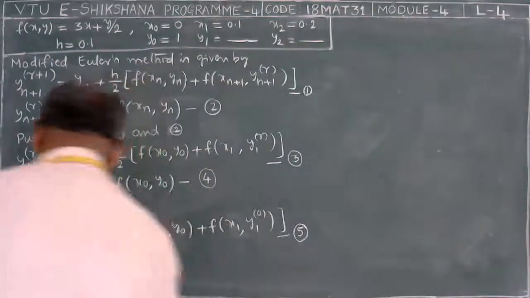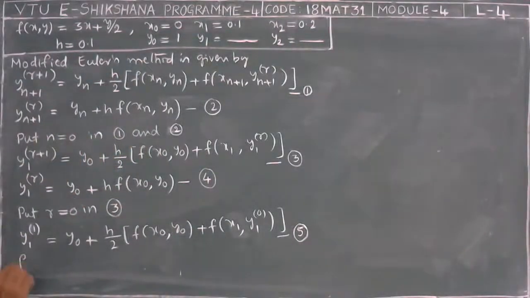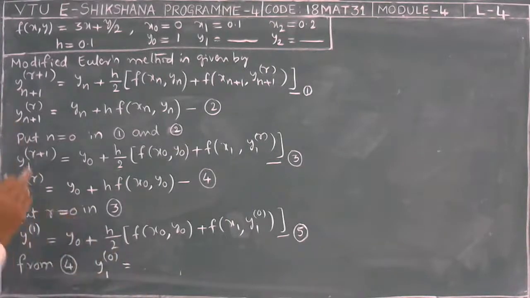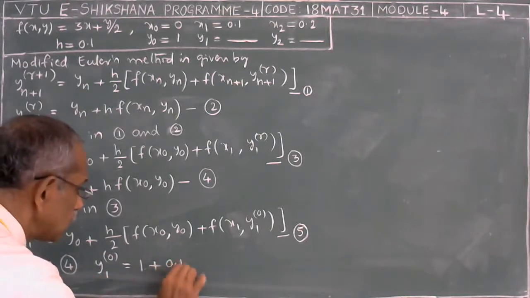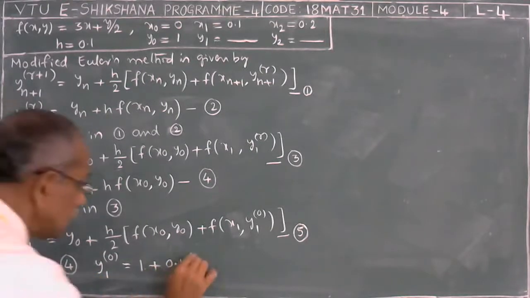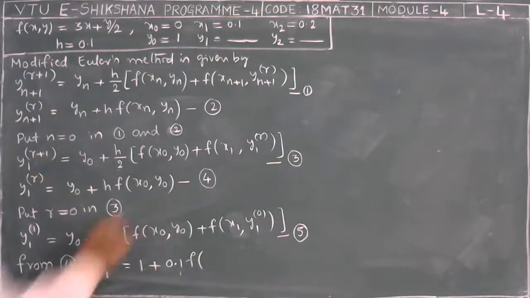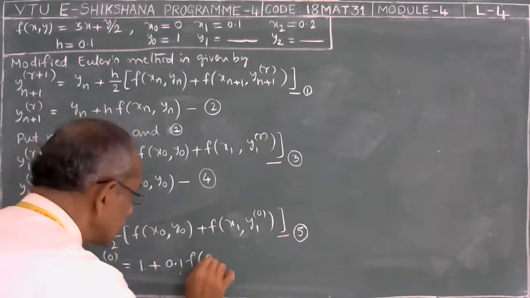So from equation 4, y10 is equal to y0, which is 1, plus h, which is 0.1, into f of x naught comma y naught, 0 comma 1.